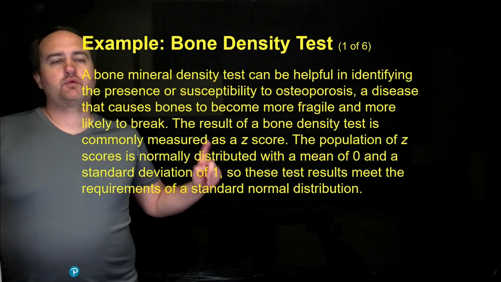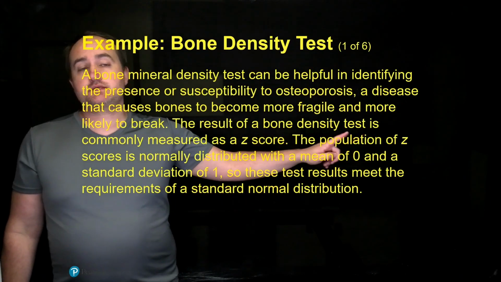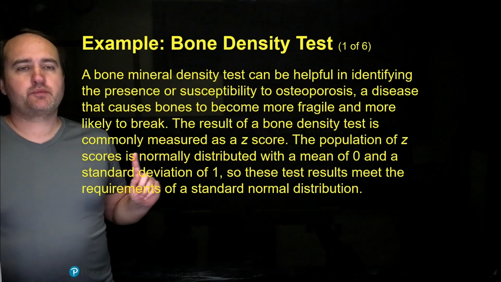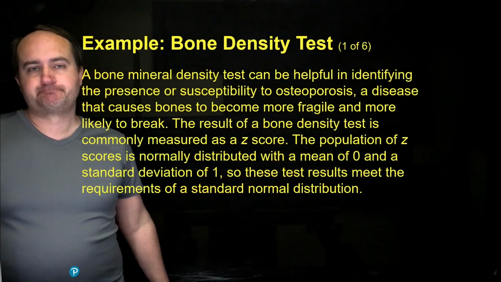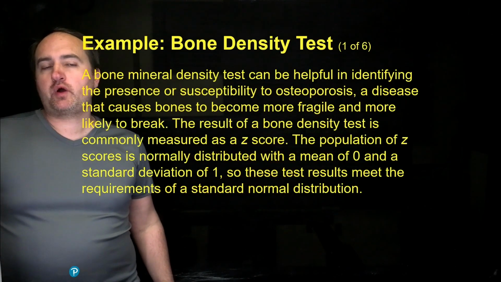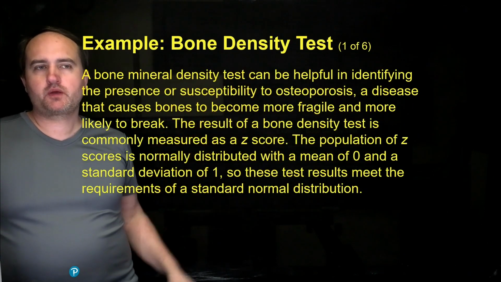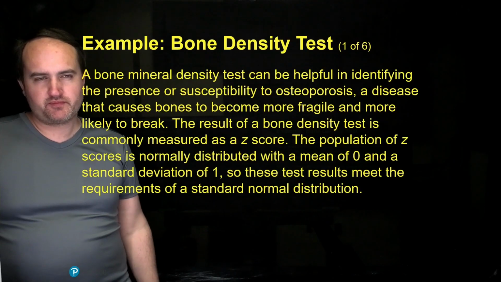The result of a bone density test, this is true by the way, this is from the real world, is commonly measured as a z-score. Quite a few of your homework problems are actually just bone density tests from this section.